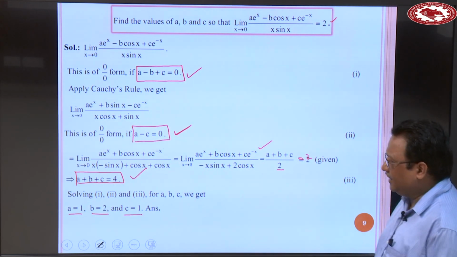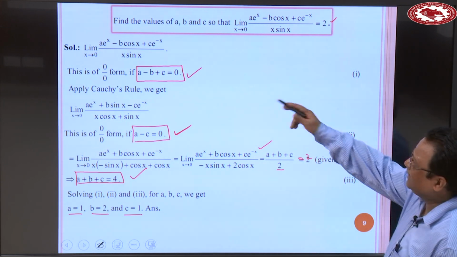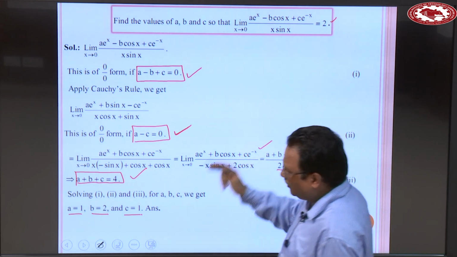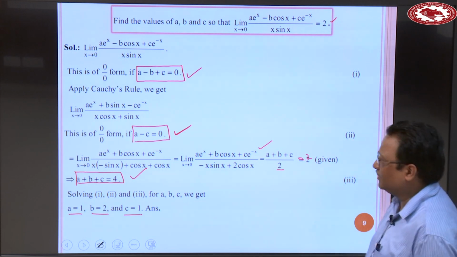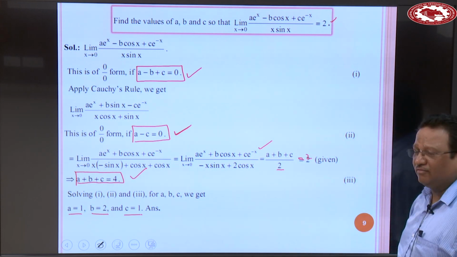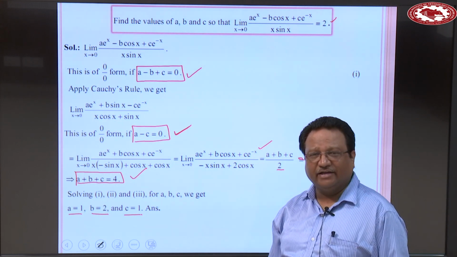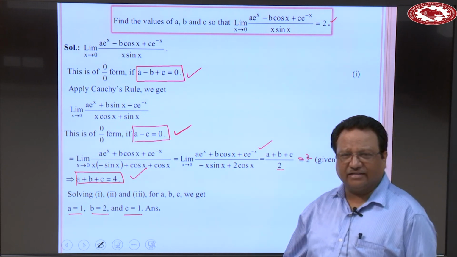So the values of a, b, c so that this limit is 2 are: a is 1, b is 2, c is 1. In this way you can solve these types of problems where you have to evaluate a, b, c or theta 1, theta 2, theta 3 or any other 3 unknowns.